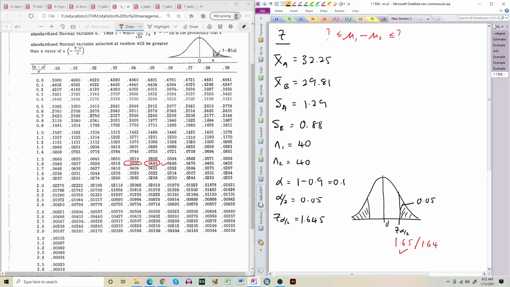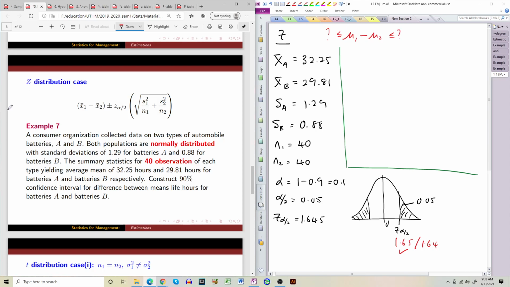I would like to do the computation here. I want to see the information, I don't want to go up and down. I give you some time to copy this and look at what I'm doing here.